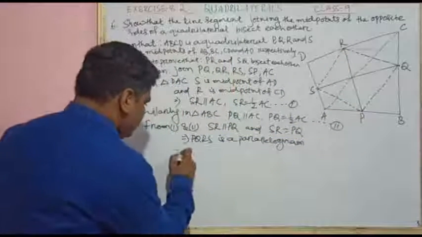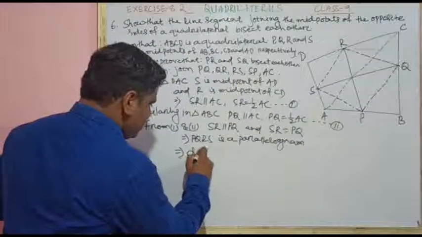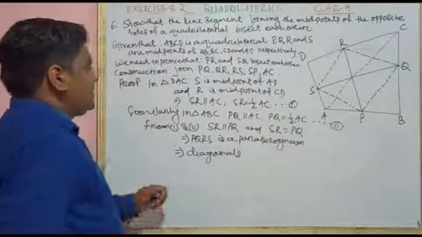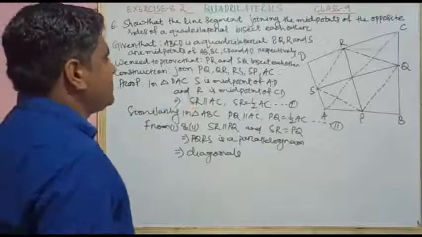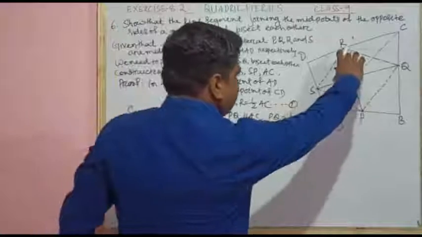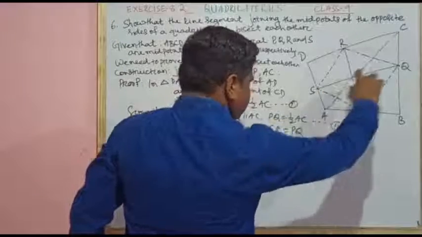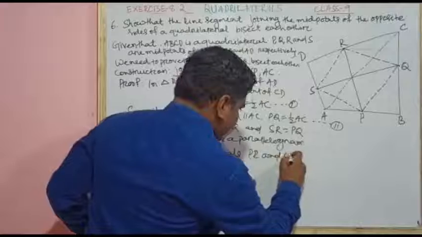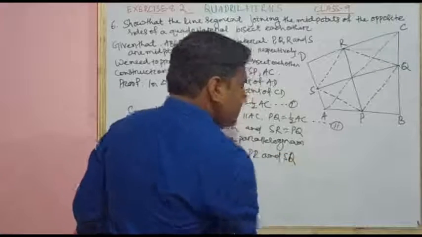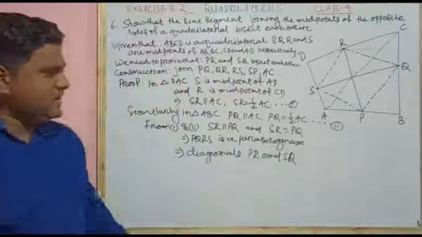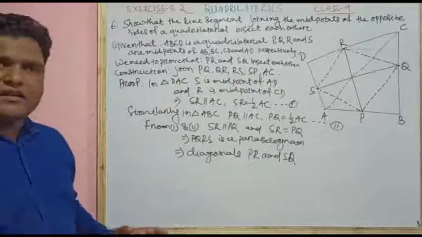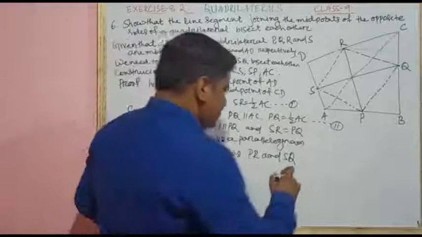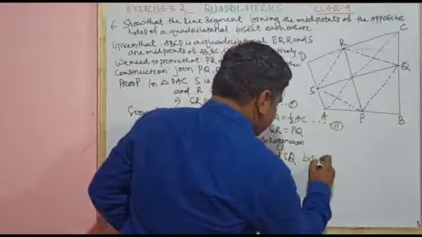So this implies that diagonals PR and SQ. What happens to the diagonals of a parallelogram? In a parallelogram, diagonals bisect each other, so we can write diagonals PR and SQ bisect each other.